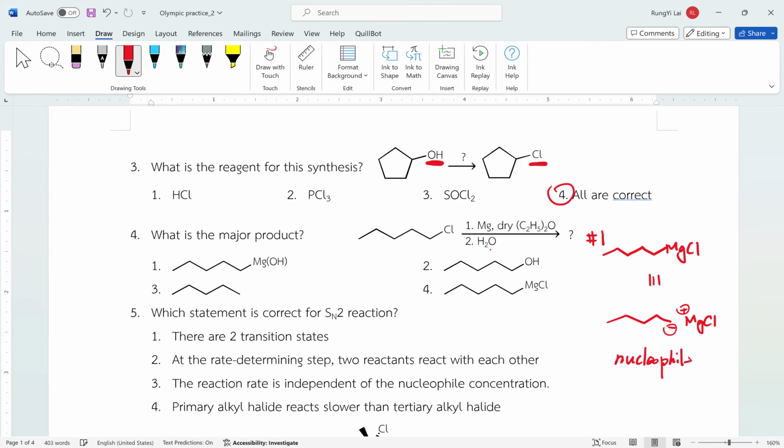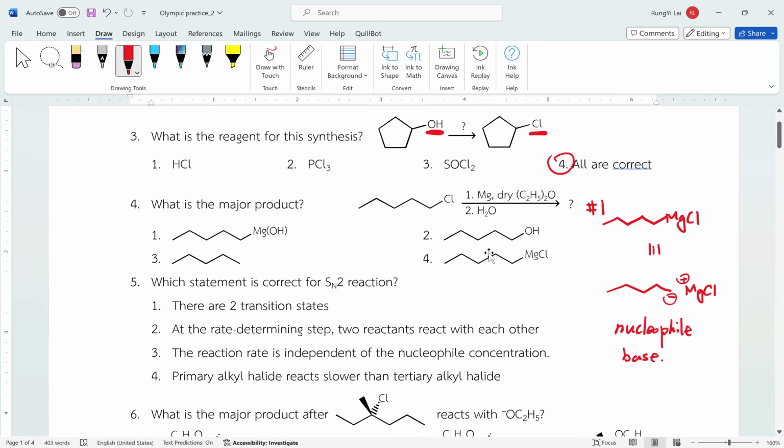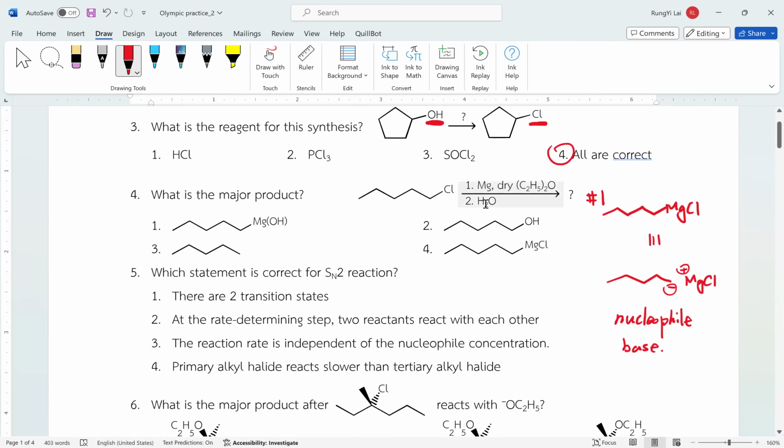But if there's no electrophile, it also can be the base. So if you let the Grignard reagent react with water, it will be acid-base chemistry. So your product will be this, because this hydrogen will come from the water. Okay. So this is just simple acid-base chemistry, after the protonation.